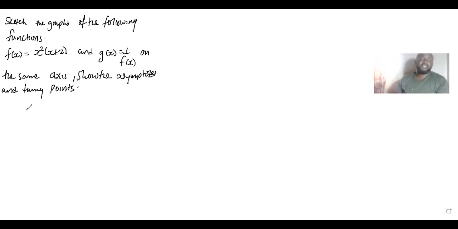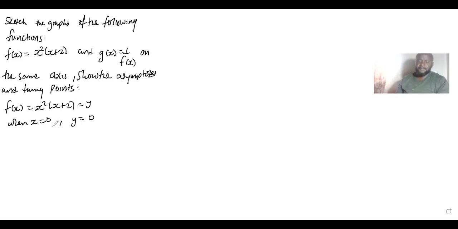So to start with, let us start with f of x, which is x squared into x plus 2. 1, the intercepts. When x is 0, of course this is the y, y will be 0.